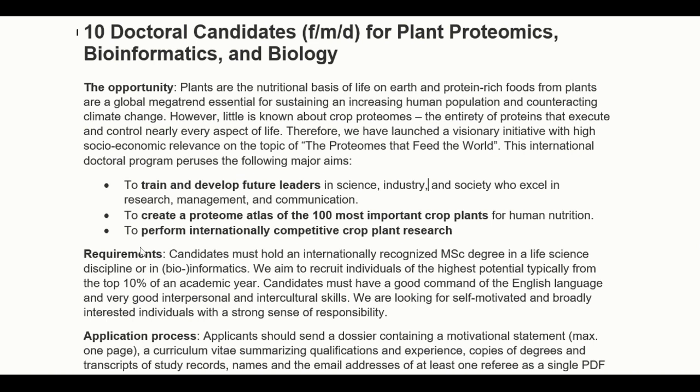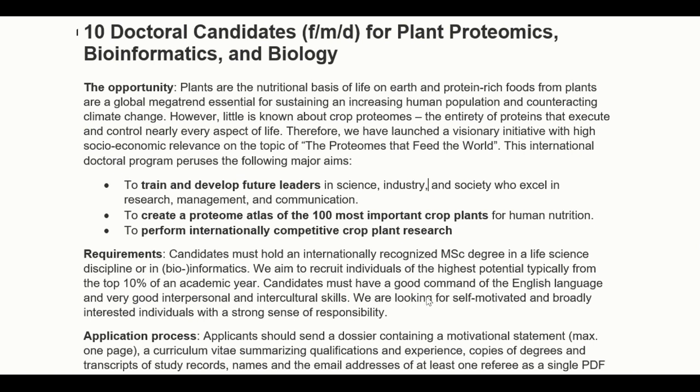So here are the requirements. Now, before applying, this is a very important thing you should also read. First of all, they need a candidate who has a recognized MSc in life science or in bioinformatics. Life science can also be biotechnology, molecular biology and all that.